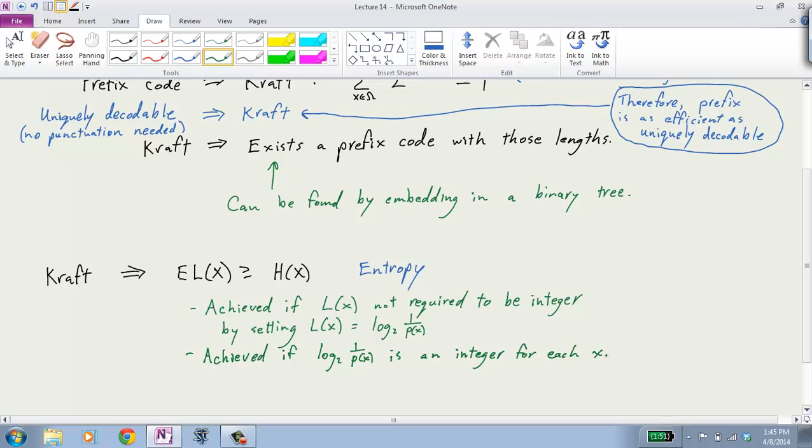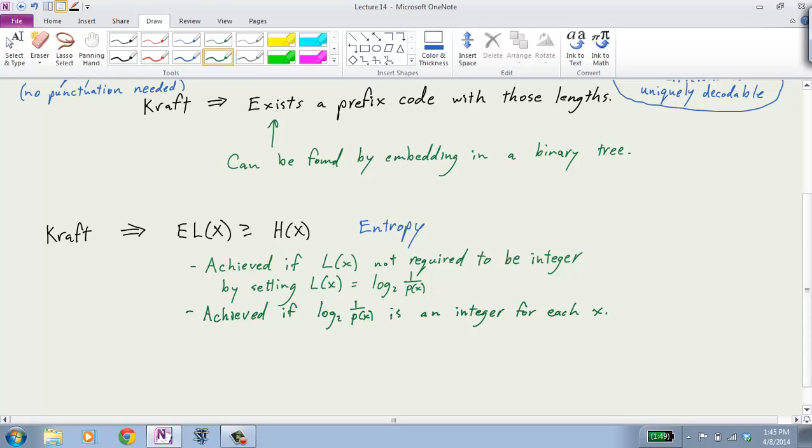If those are integers, then fine, you can create a prefix code with those lengths, and it'll achieve entropy. It'll be the best one. So in that case, we know the best code. Special case solved. If these are all integers, then you make the lengths equal to this.